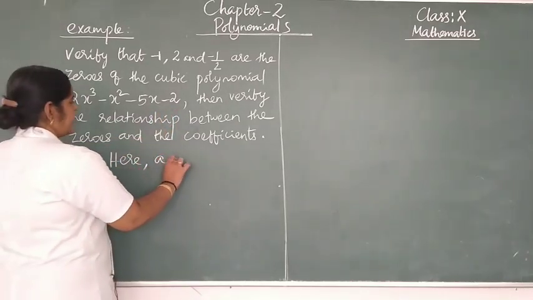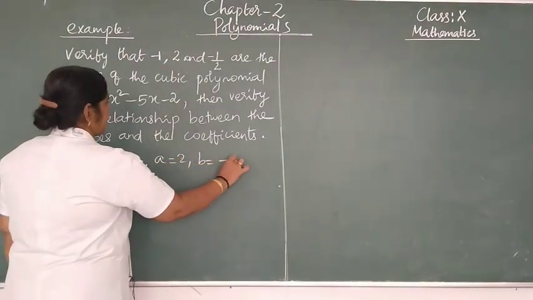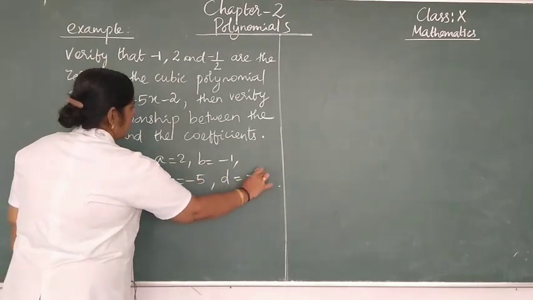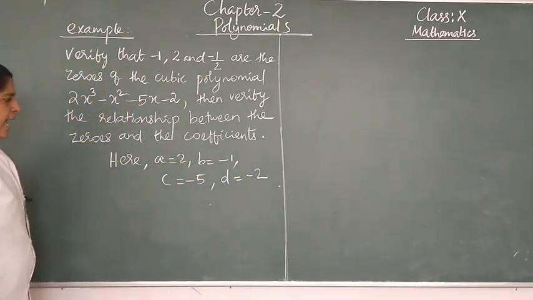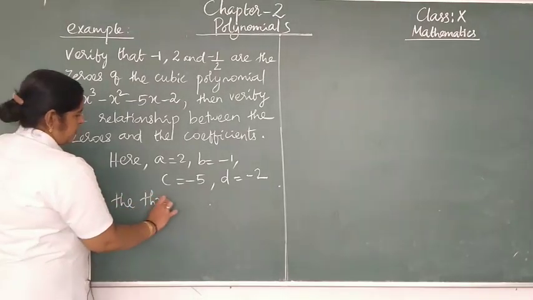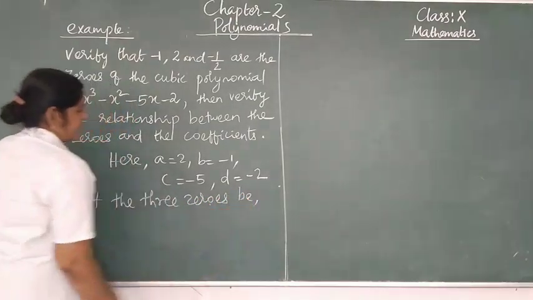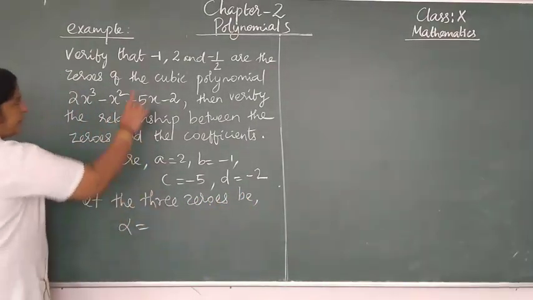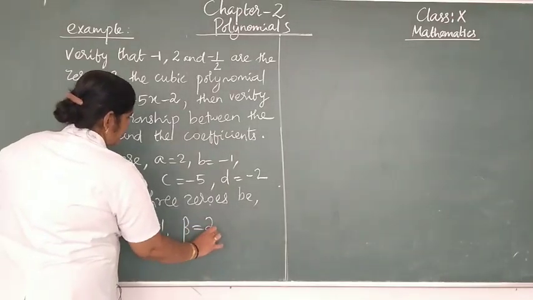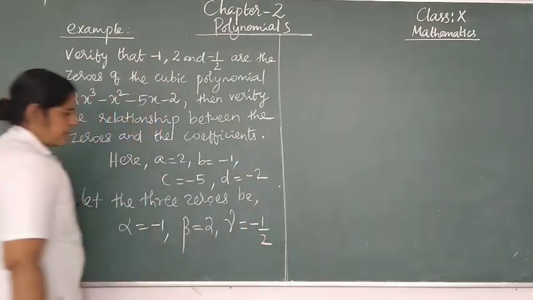From the polynomial we have A equal to 2, B equal to -1, C equal to -5, D equal to -2. And let the three zeros be alpha equal to the first zero -1, beta equal to 2, gamma equal to -1/2.